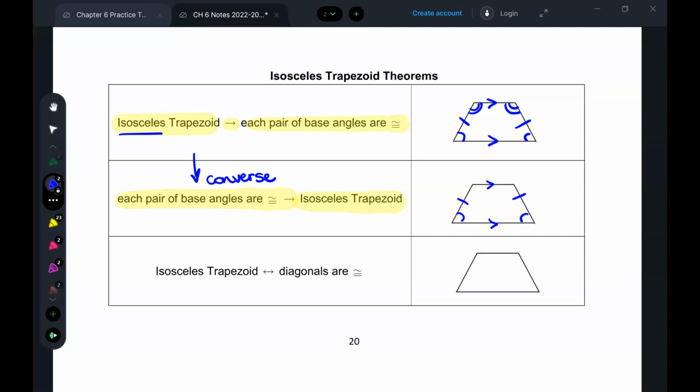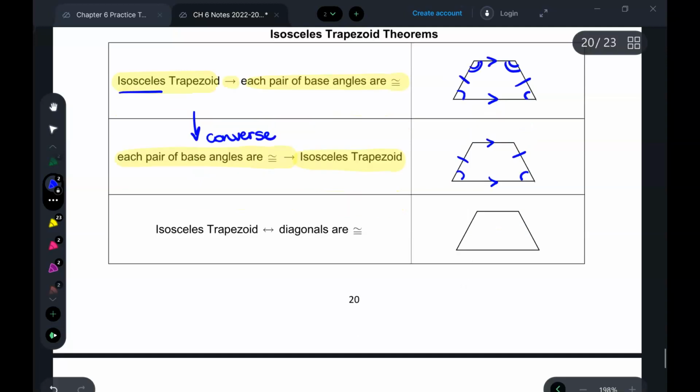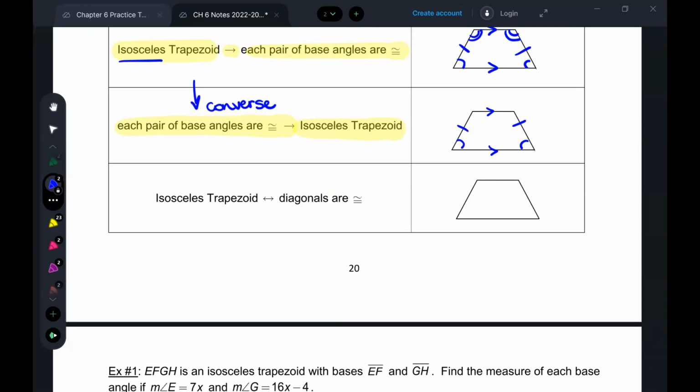We get that from an isosceles triangle by chopping off the top. Imagine that these two sides are congruent, then the base angles are congruent. Now what if I just chopped off the top? If the base angles are congruent, that makes the sides congruent.